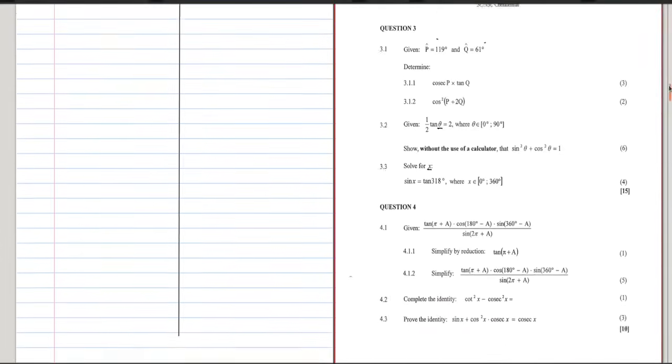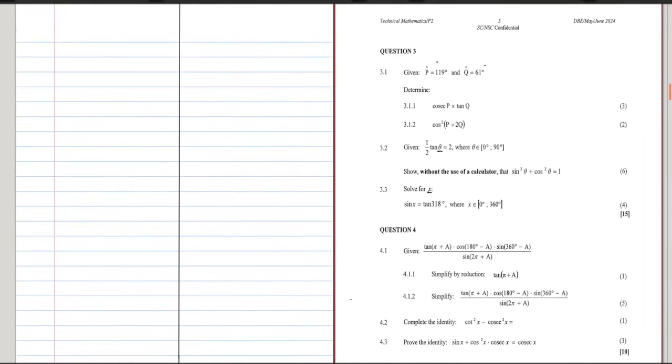Okay, there we go. Let me just drag it down a little bit like this. Okay, so now question 4, we are given a trigonometric expression.